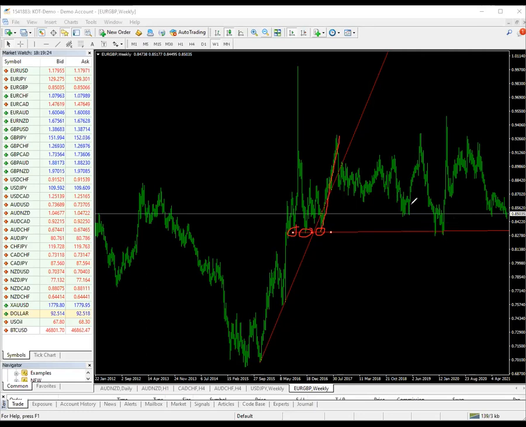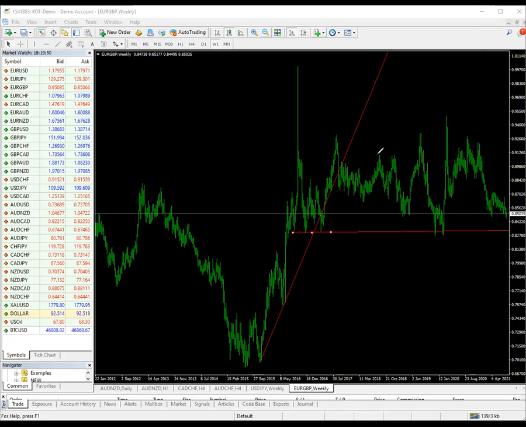Again, it came to touch it here, tried to break through it, but didn't hold, and then went all the way up, came back to test it again, didn't hold, went all the way back up. This is weekly time frame. So the rule says that draw the trend line on higher time frame, then you lower it to smaller time frame. So we have two trend lines on the higher time frame.